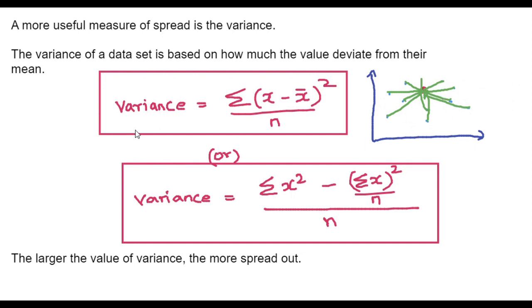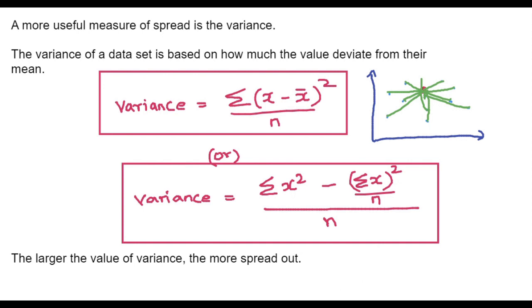It is denoted by the formula summation x minus x bar the whole square divided by n, and there is an alternative formula: summation x square minus summation x the whole square divided by n. The larger the value of the variance, the more spread out, and the smaller the value, that means it is very close to the center of the distribution.